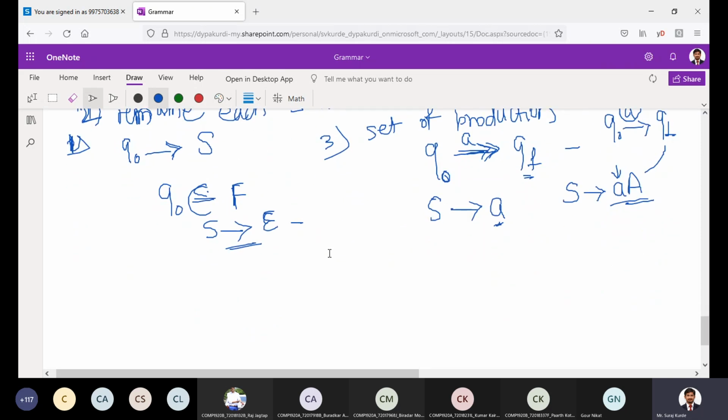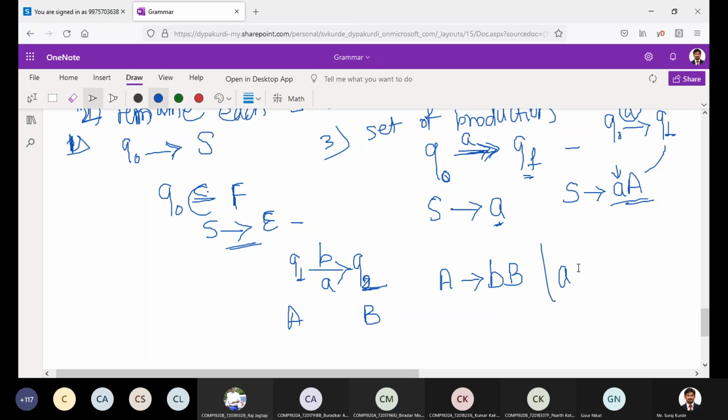Similar is the case for other transitions. Let's say Q1 on input b moves to some state Q2. If I rename them A and B, the production will be A produces bB. If input a is also there, then it will be A produces aB. So A produces bB or aB if Q2 is a non-final state.